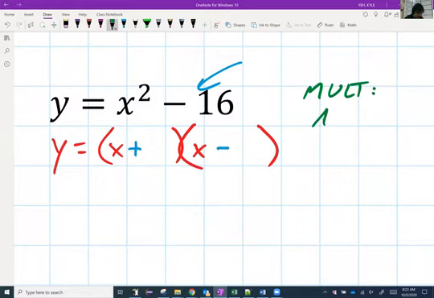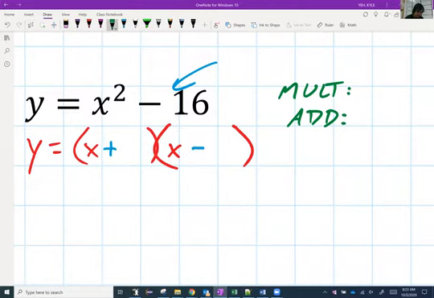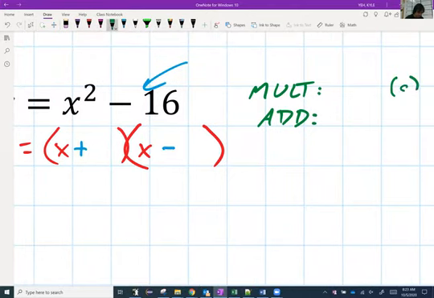We need two numbers that multiply to be my c value and add to be my b value. Okay? And this is something when the leading coefficient is 1, when we have just 1x squared, this is how you can always do it. Multiply to be c. So they need to multiply to be negative 16, but at the same time add to be 0.